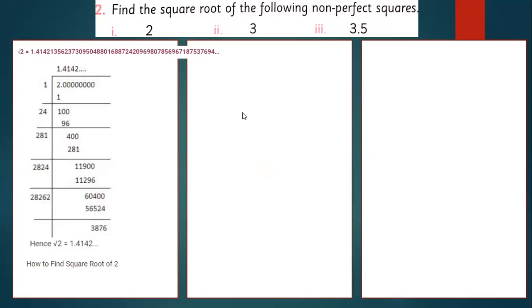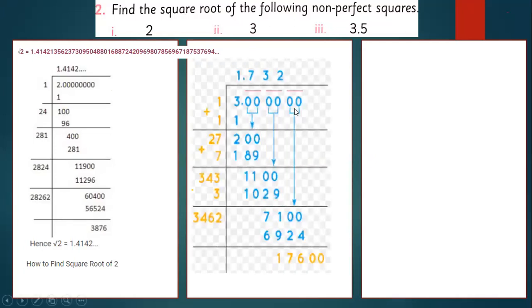Now finding the square root of 3. So that is the square root of 3. So how will we do this one? Let's explain it. We are finding the square root of 3.